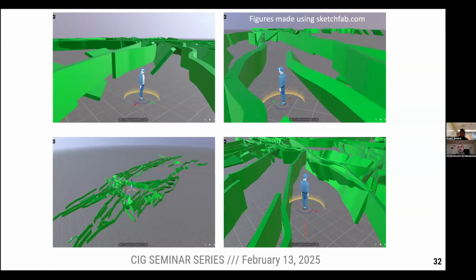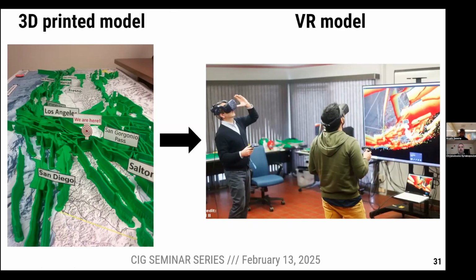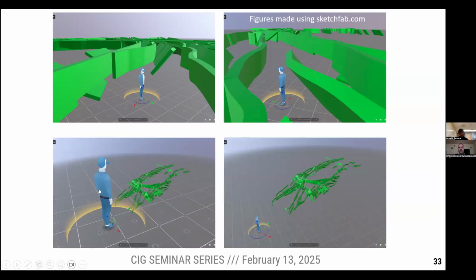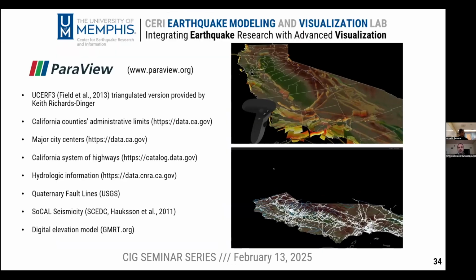And VR gives the possibility, of course, of changing the scale, right? So I can be a short investigator that is approximately the same size as the faults, or a giant like this. So it really helps you, of course, flying through the experience. You really become a virtual explorer, but also changing the scale.